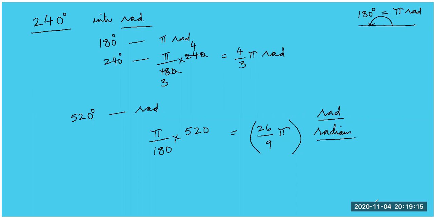Okay. Now one more question, students. What about this? Minus 47 degrees and 30 minutes. Yesterday you have seen we represent 1 minute like this angle mark and 1 second with a double mark.